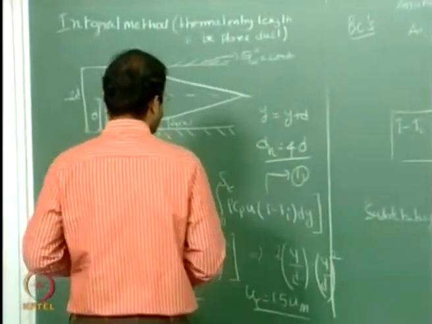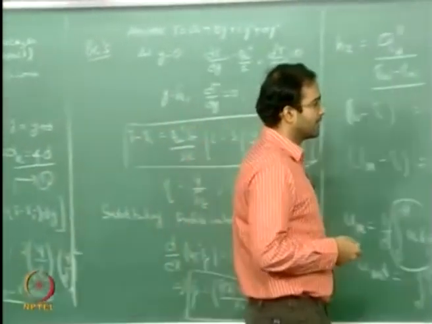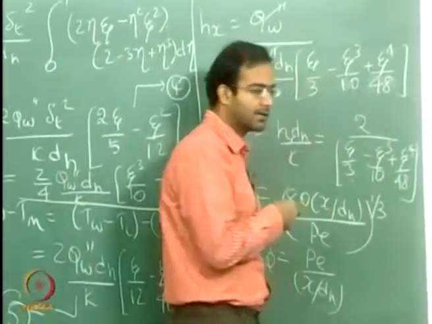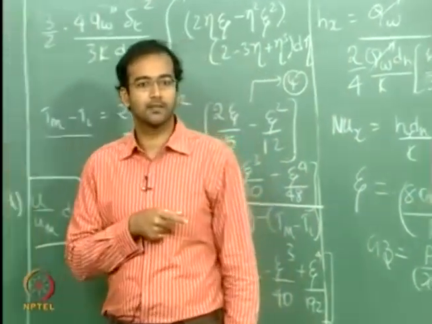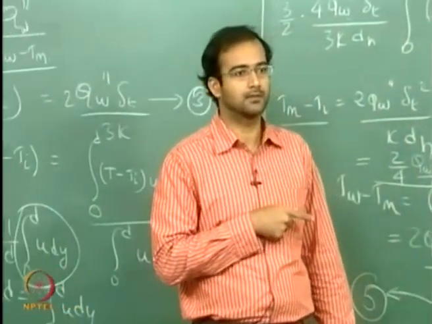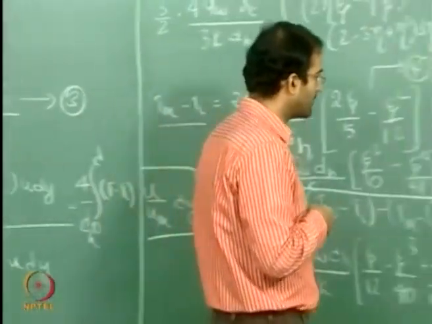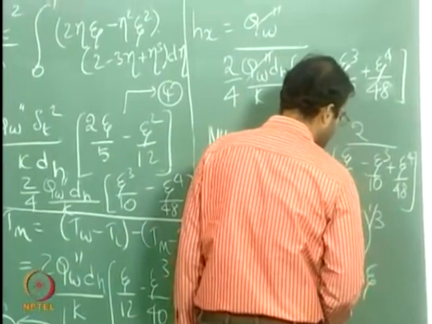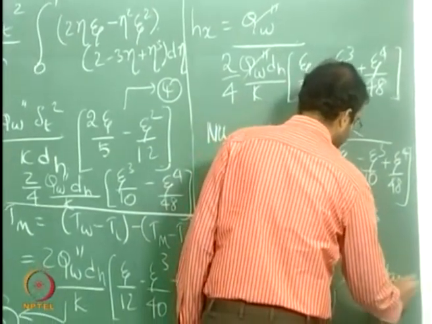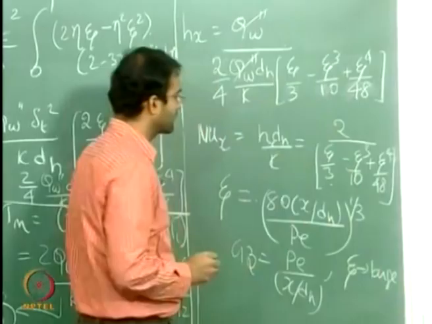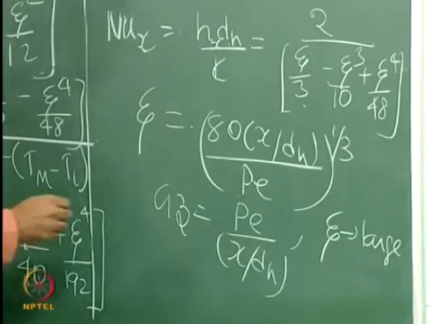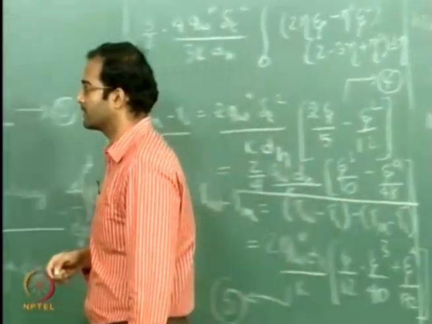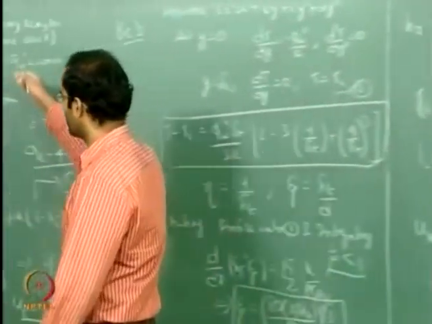Now the question is whether, if you use the asymptotic value, the asymptotic solution leads to the case of thermally fully developed flows. That is the question. So if you look at the asymptotic case where your zeta goes to a very large value, whether this particular solution becomes equivalent to your solution for thermally fully developed flows.